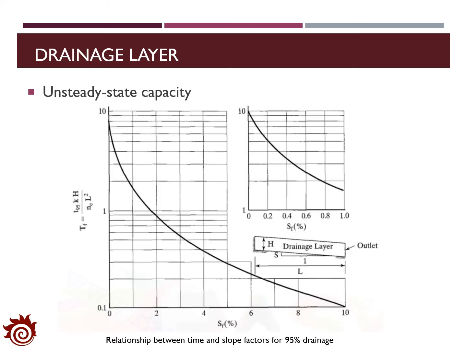The figure here shows the relationship between the time and the slope factors for 95% drainage. Basically, with a higher slope factor, the time factor for 95% drainage will be smaller. This is also intuitively correct. With a higher slope, the water can move faster to the longitudinal drain.